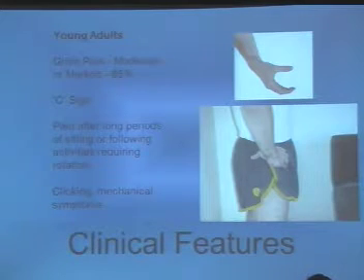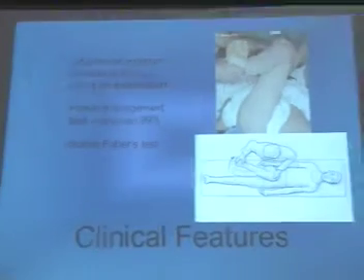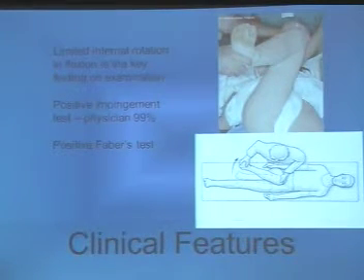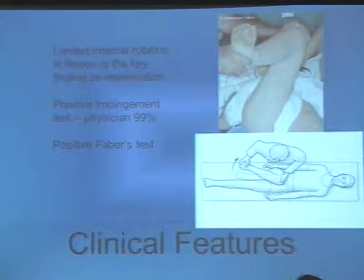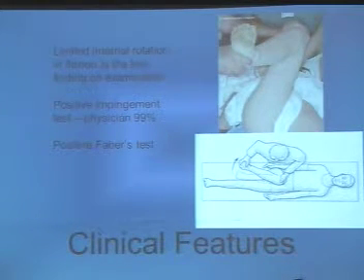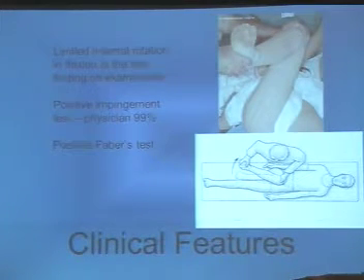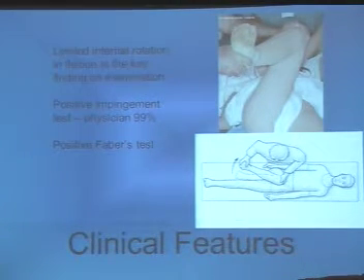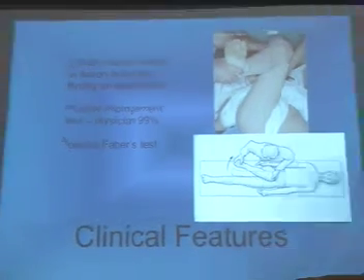There could be mechanical symptoms like clicking and instability. The examination is very classical. There is limitation of the internal rotation, and there is a positive impingement test. The other tests like FABER's, Ober's, and the anterior labral and posterior labral tests may also be present.